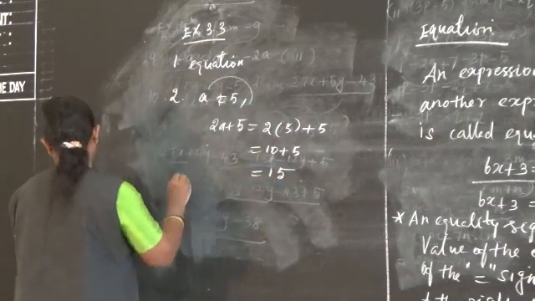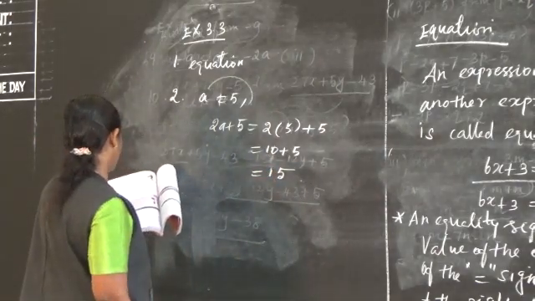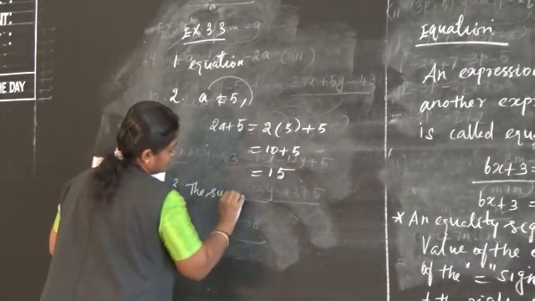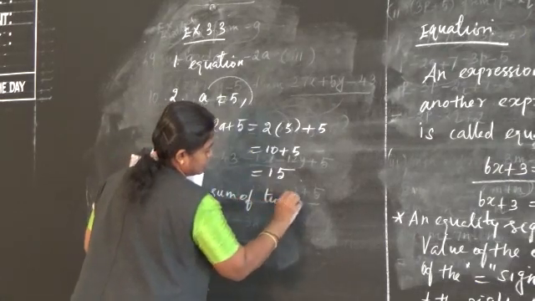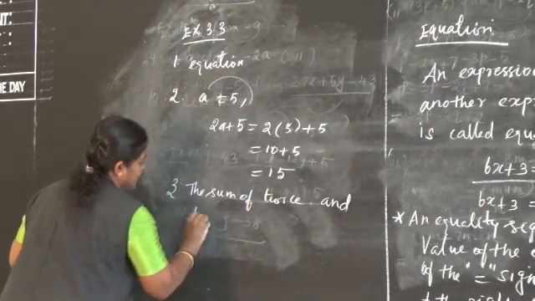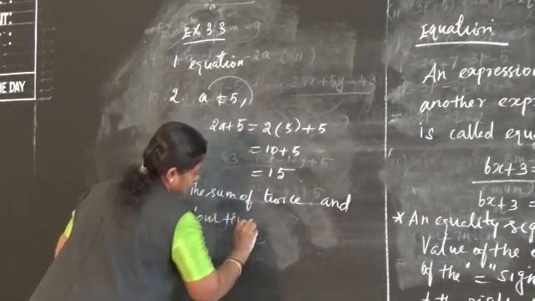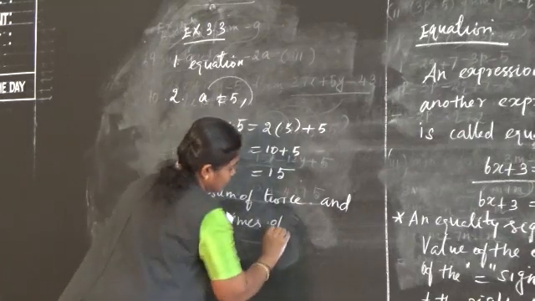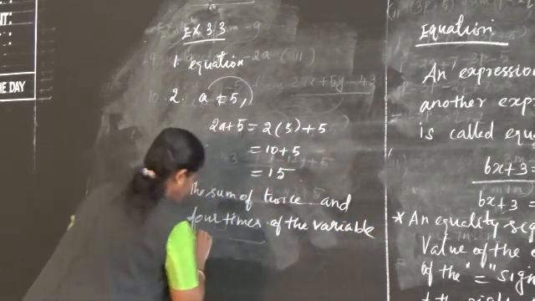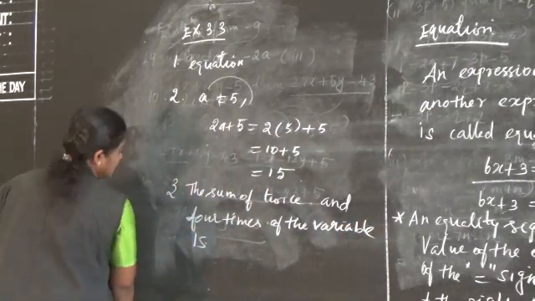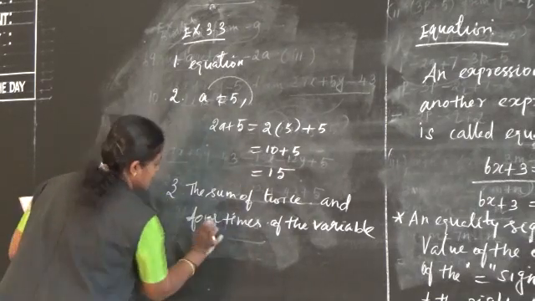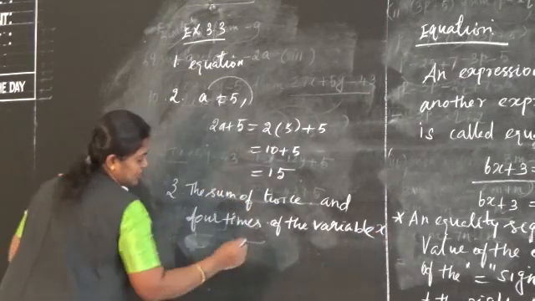Come to the third question. The sum of twice and 4 times of the variable is. The variable is given to us as x.